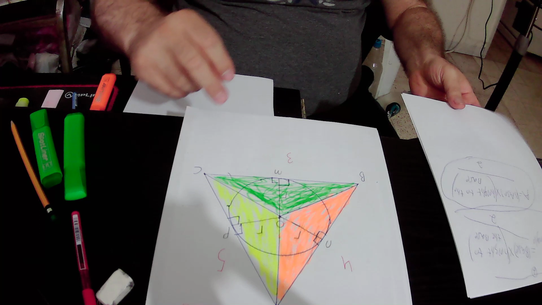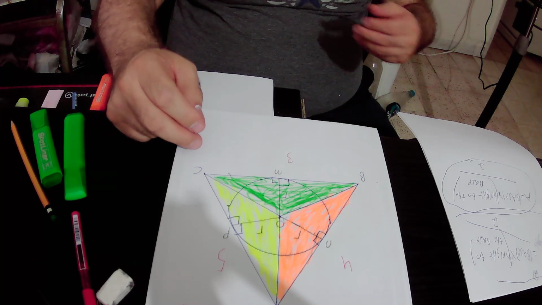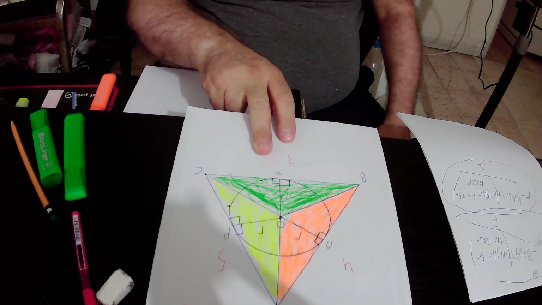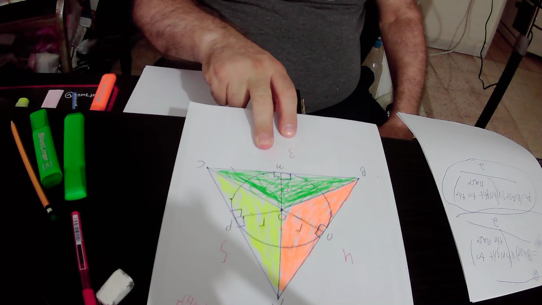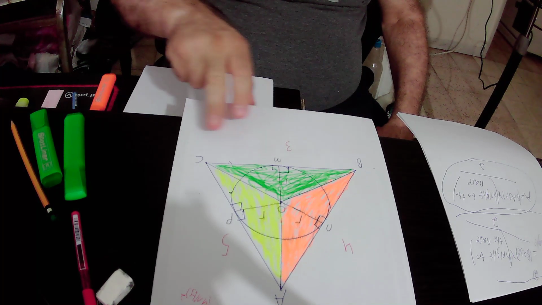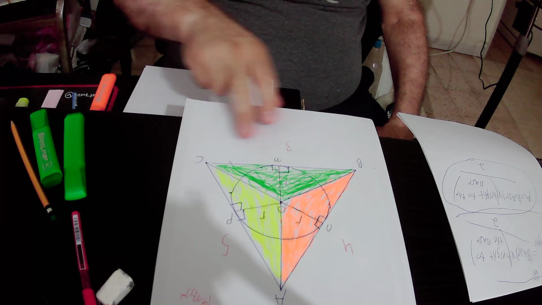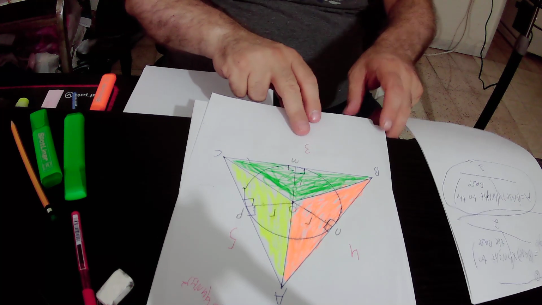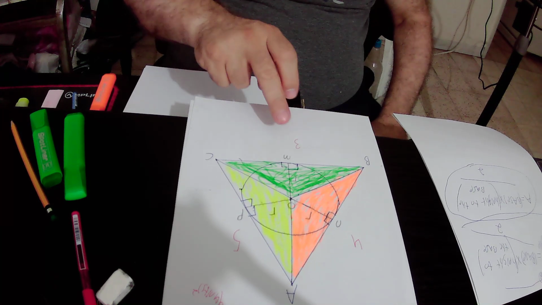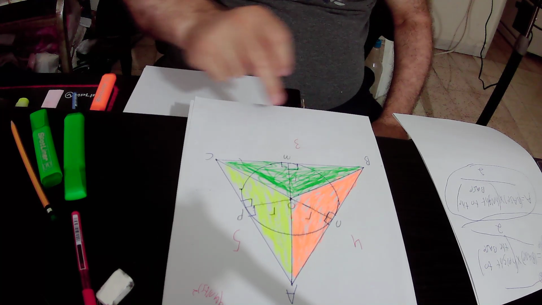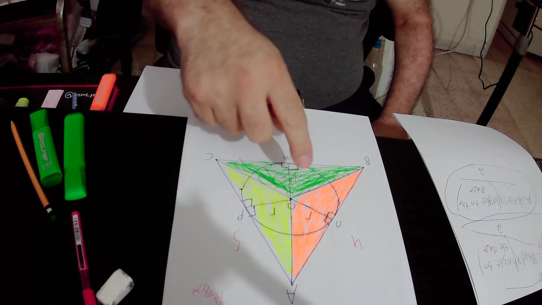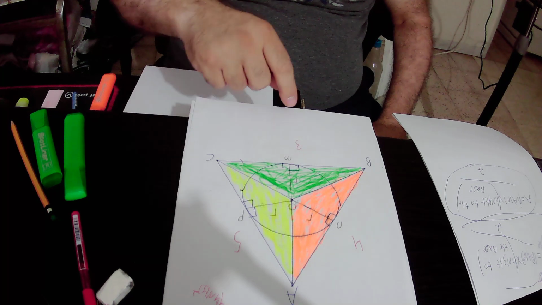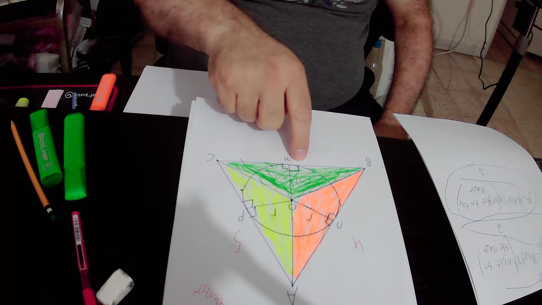Okay, and actually if we focus on the green triangle, the base of the green triangle BOC equals 3 units. It is given to us in the question. The base equals 3 units, and the height to the base always creates 90 degrees with the base.